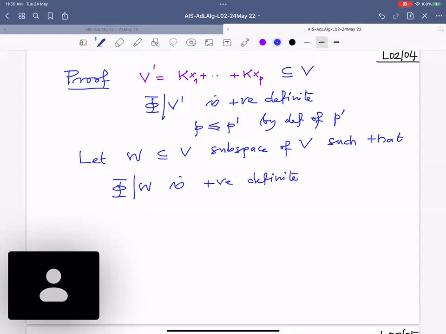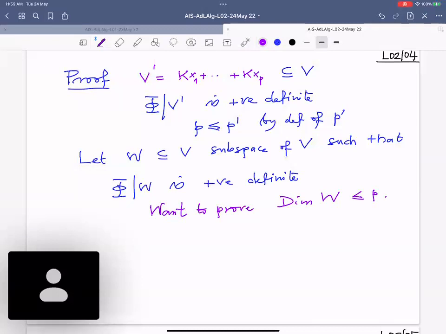Then what we want to prove is that the dimension of W is less equal to P. Isn't it? I want to prove that.